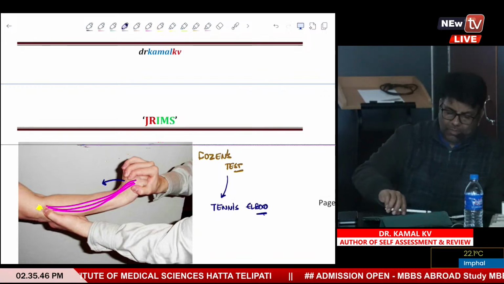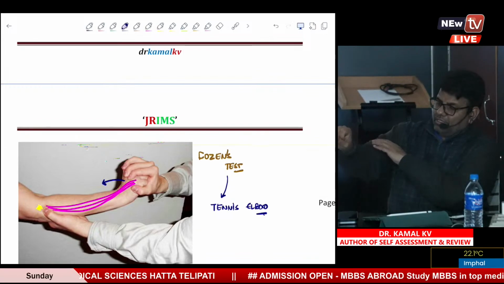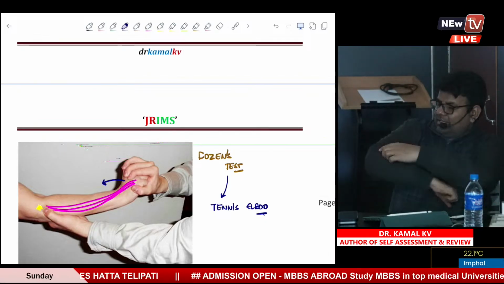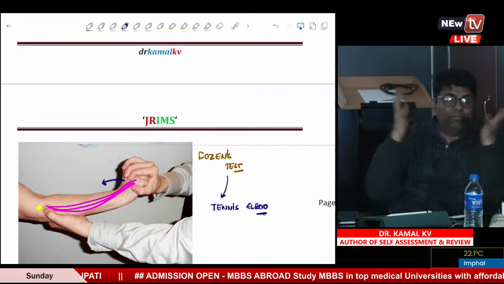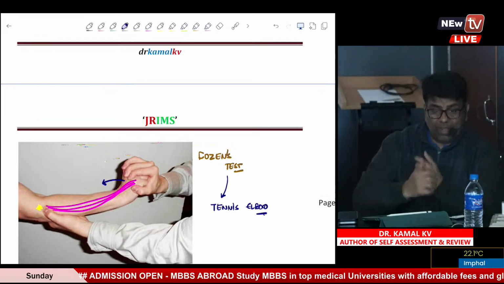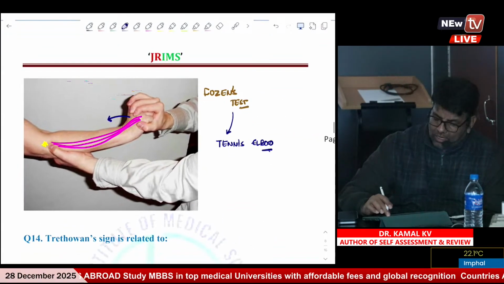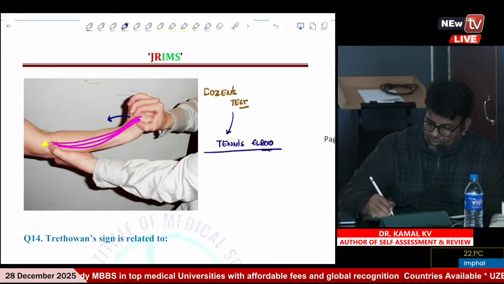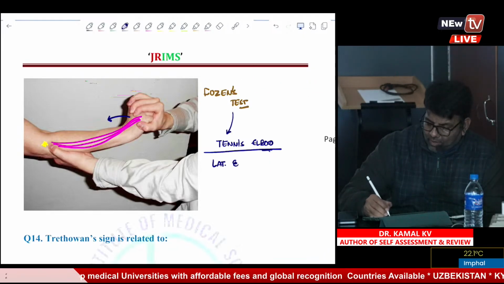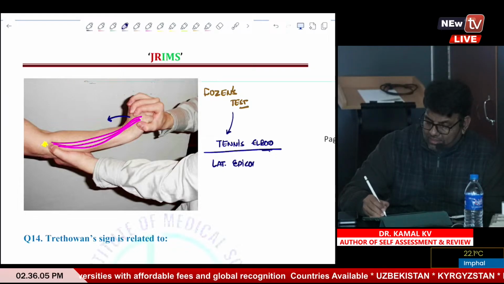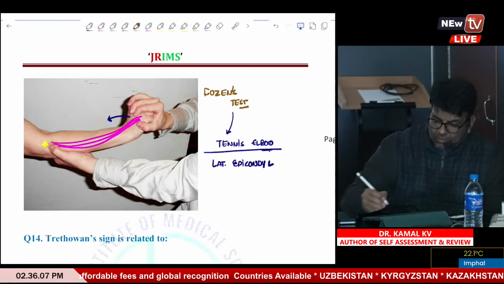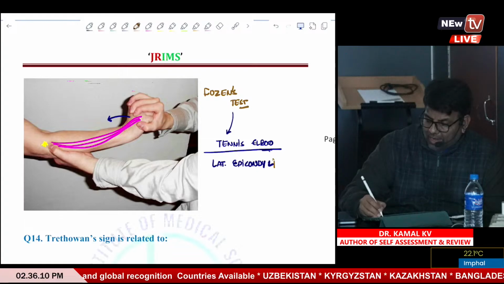So what happens when we stretch the extensor muscles? It will generate pain at the point of origin. So this is known as tennis elbow or inflammation of the lateral epicondyle. So you can call it lateral epicondylitis. Clear?